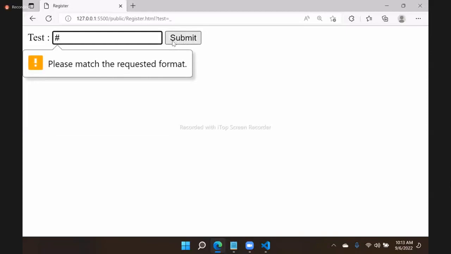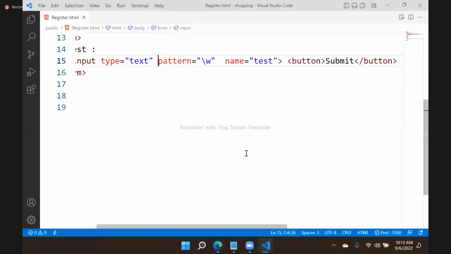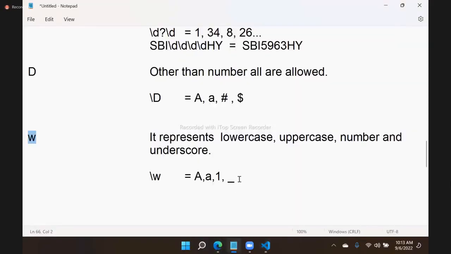That means any character of A to Z uppercase, A to Z lowercase, 0 to 9 any number, and underscore is allowed. Anything between them is allowed.